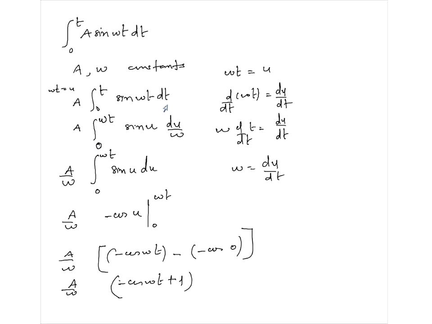It's not t, it's u. How to change the limits? Omega t is u. When t is 0, omega into 0 will be 0. That means u will also be 0. This 0 is not just copied from here. This 0 has been calculated separately. And when t is t, u will be omega t. So that omega t is written here from this. Any other question, let me know.